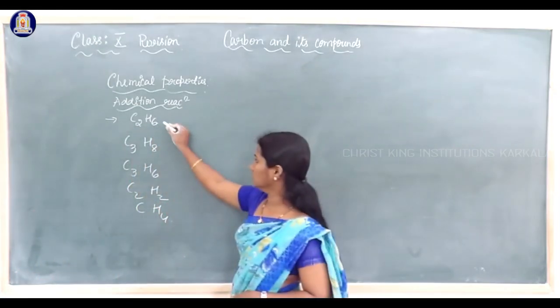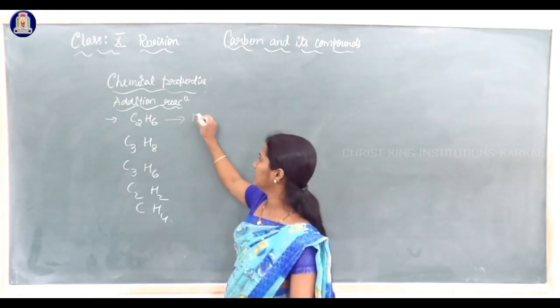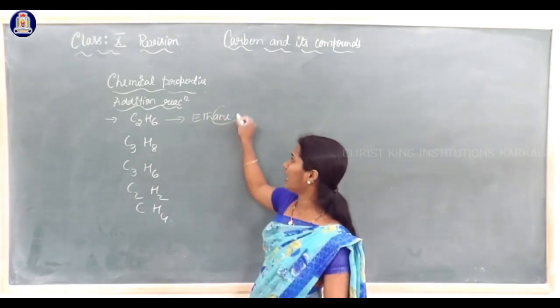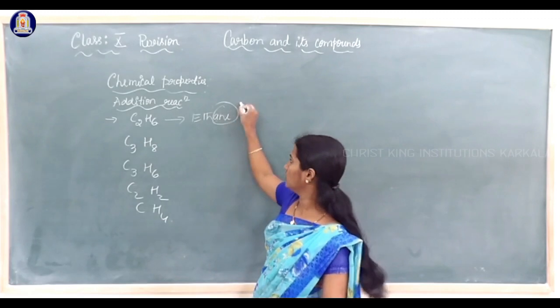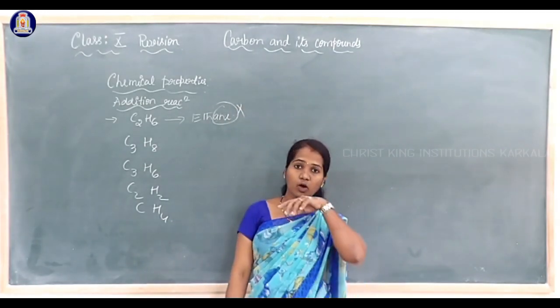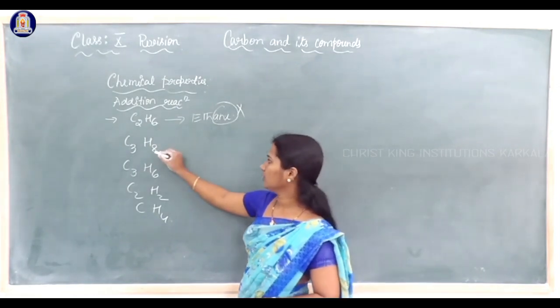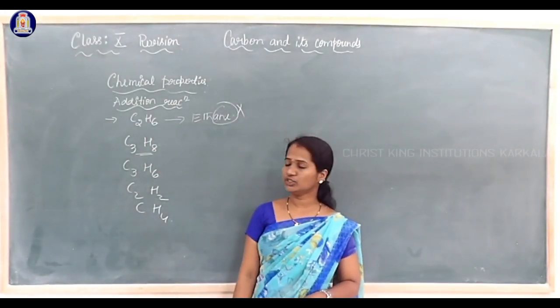Now, C2H6. Which compound is C2H6? This is ethane, a saturated alkane. It is saturated, so addition reaction is not possible for ethane. Now come to C3H8.